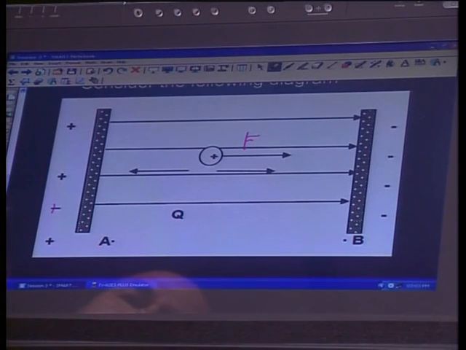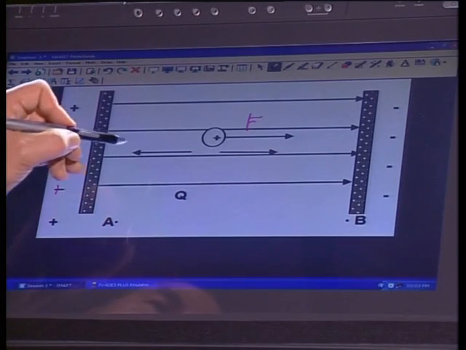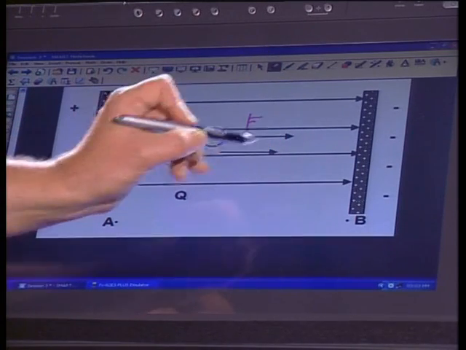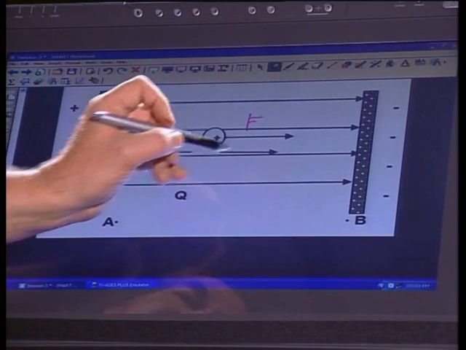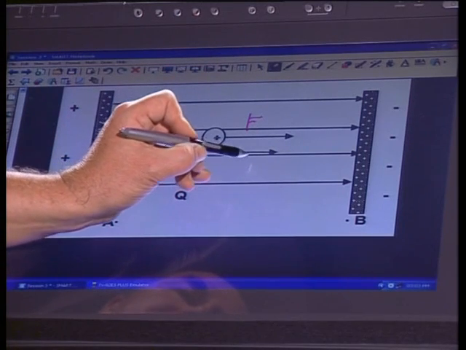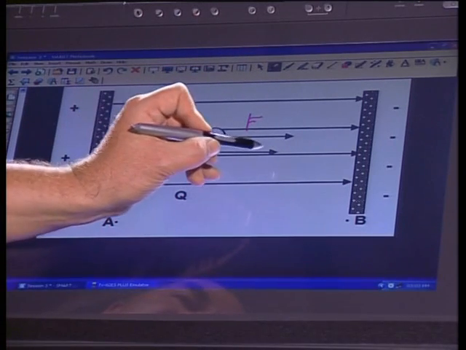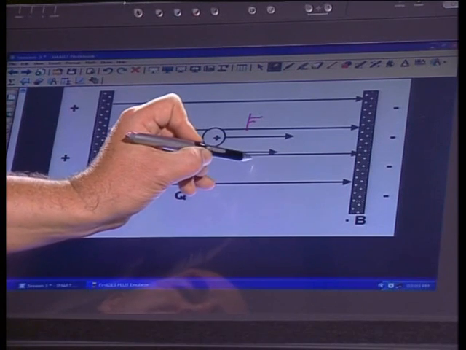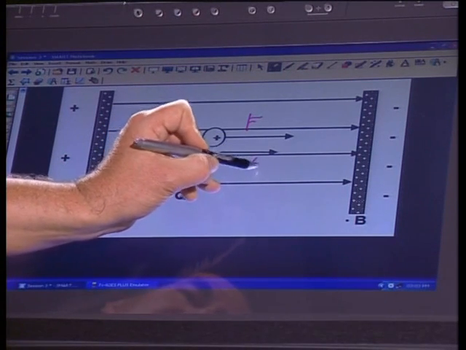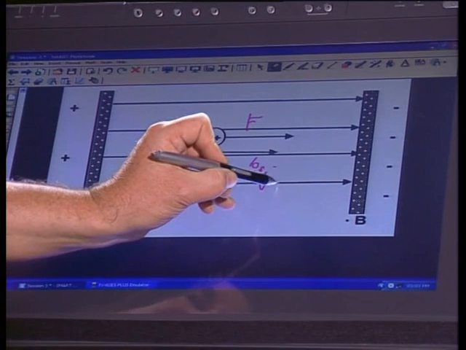What we also recognize is that if it moves in that direction, it's going with the field. So it is losing potential. So this is moving in that direction. It will be losing electrical potential.